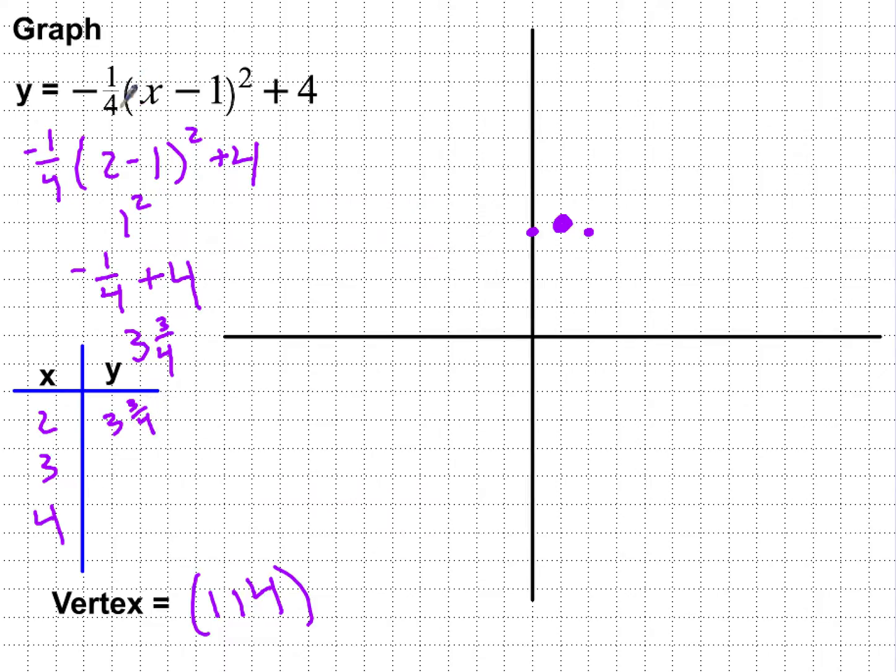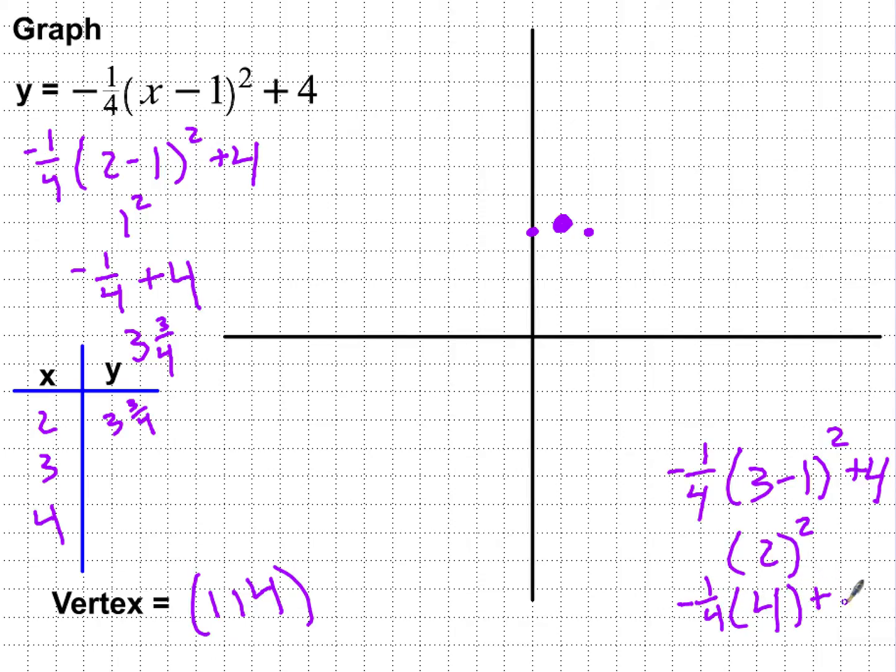Let's look at what happens though when I plug in 3. So if I plug in 3, I'll have 3 minus 1 squared plus 4. I know I'm taking some shortcuts, guys, showing the work. That's just because I don't want to waste your guys' time, okay? So I'll get 2 squared, which is 4 times, so we're going to multiply this by negative 1/4.